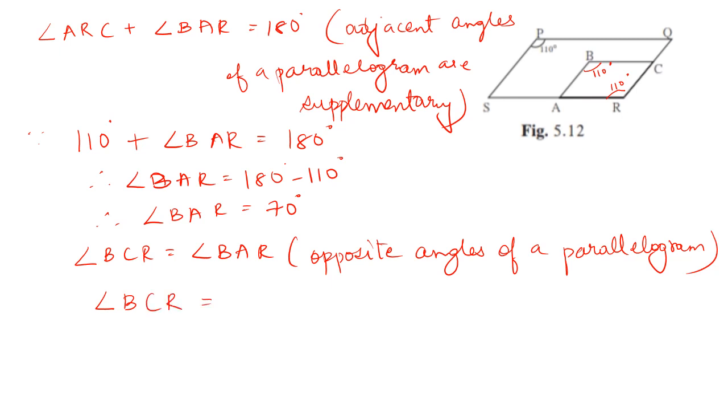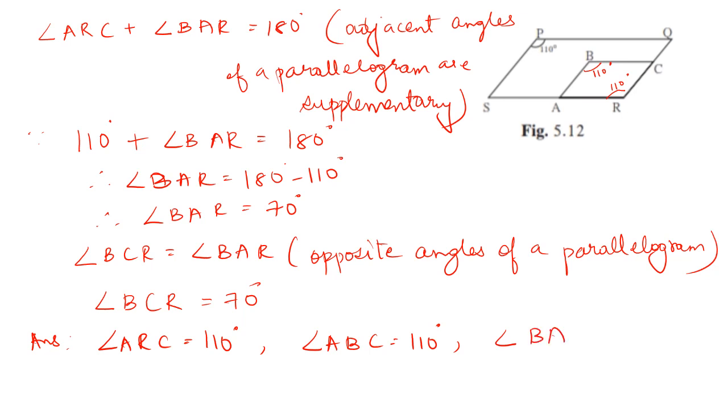So angle BCR is also 70 degree. So in answer we can write down angle ARC is equal to 110 degree, angle ABC is equal to 110 degree, angle BAR is equal to 70 degree and angle BCR is equal to 70 degree. Okay, so with this we complete the exercise 5.1.